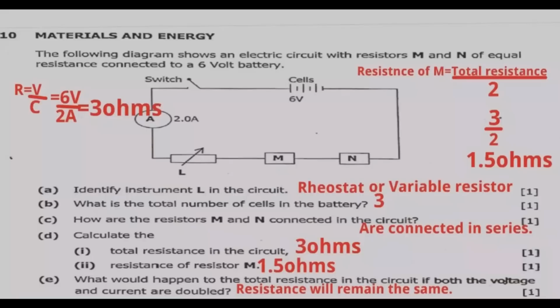It will only change if one of the two, either voltage or current, is changed. But if both are doubled, then the resistance will remain the same. Those are the answers for this paper.